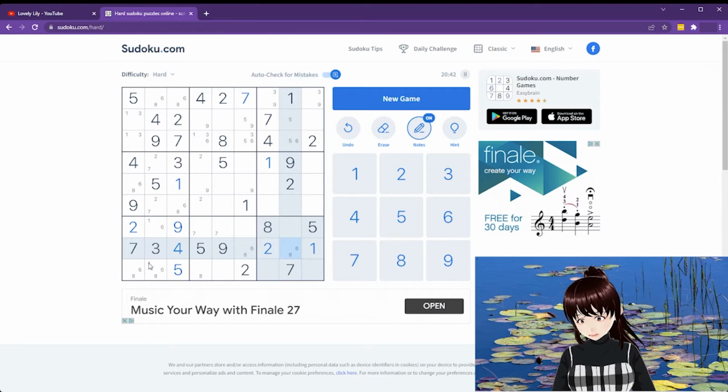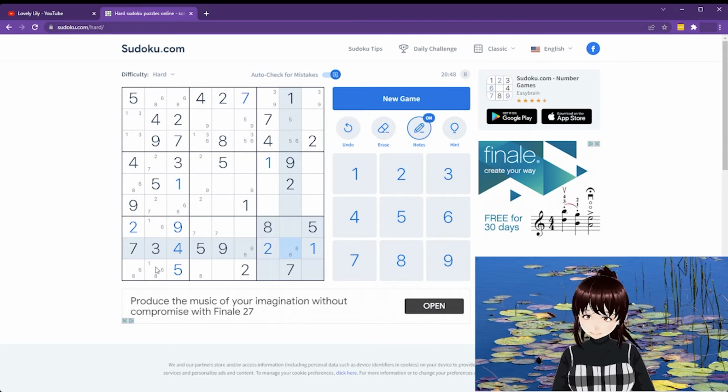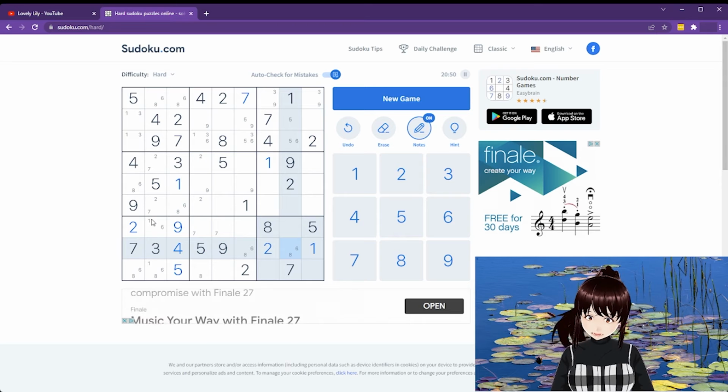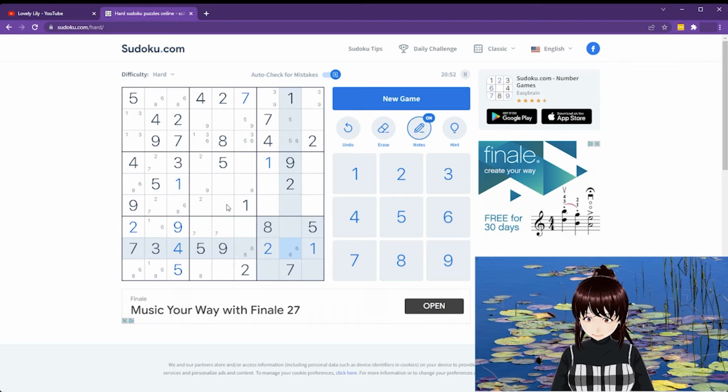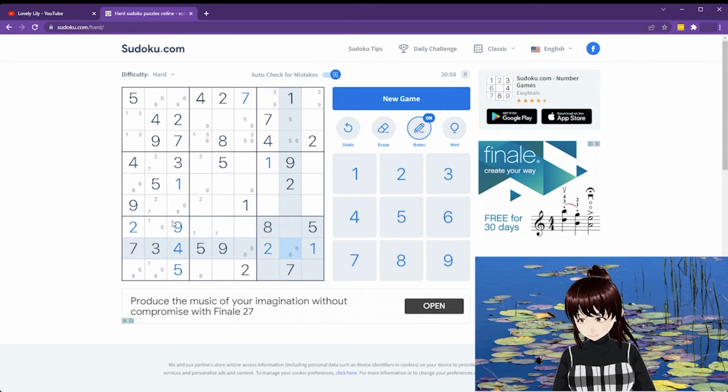So this entire area right here, except for maybe these two, are accounted for. So yay! Let's move on. Okay, now that we've got all these, let's go ahead and keep going.